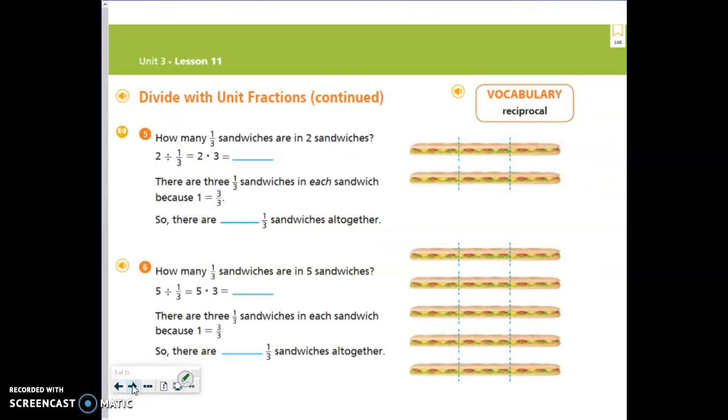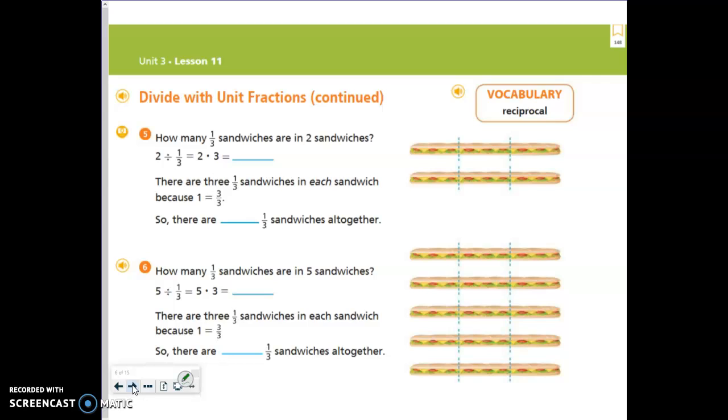All right, last couple examples here. Now we are going to be dividing by the fraction. And this is where it gets kind of weird, at least in my mind, and it's always kind of thrown me for a loop. They are saying here, how many 1/3 pieces of sandwich are there in 2 sandwiches? So we've got 2, and we're going to divide those 2 sandwiches up into thirds.